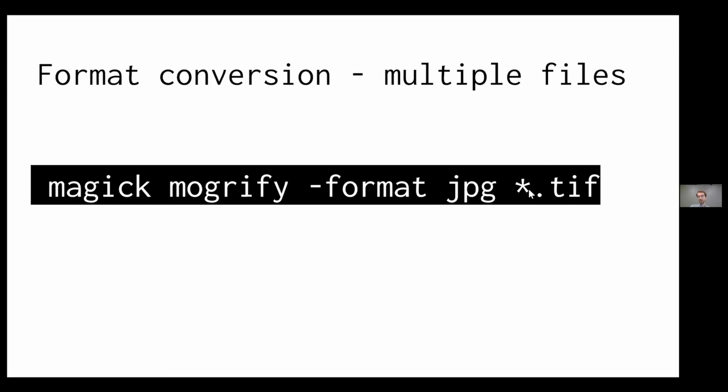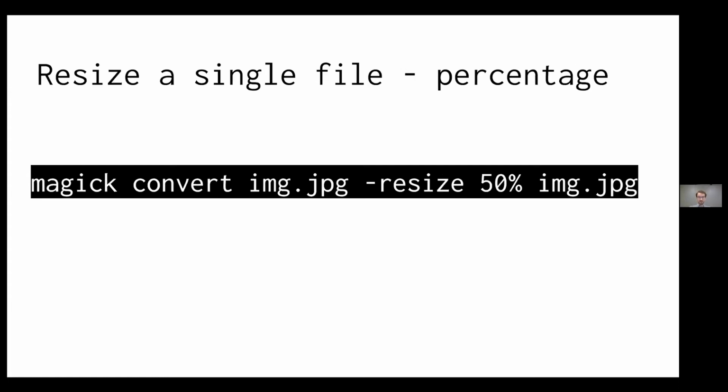So what that means is everything that ends with .tif, convert it into a JPEG. And you could do that in a folder with 1,000 TIFFs in it, and this single command would convert all of them into JPEGs. And that's super powerful, and compared to doing it in Photoshop, where you could use the image processor or an action, it's honestly going to be quicker with ImageMagick.